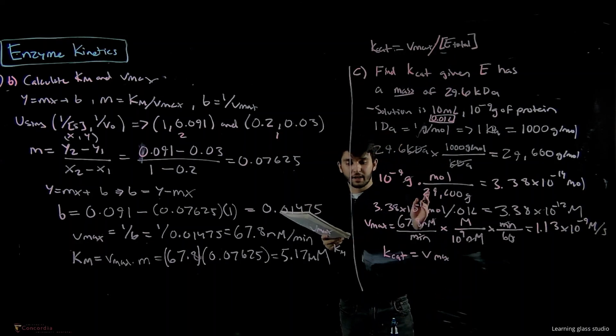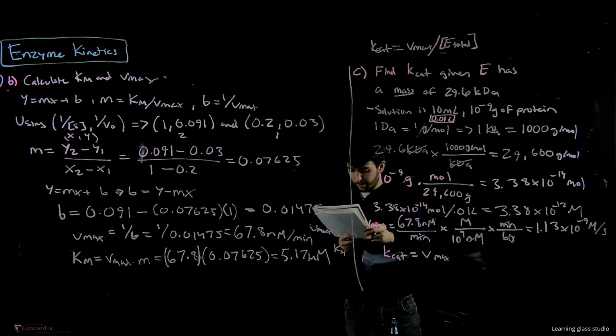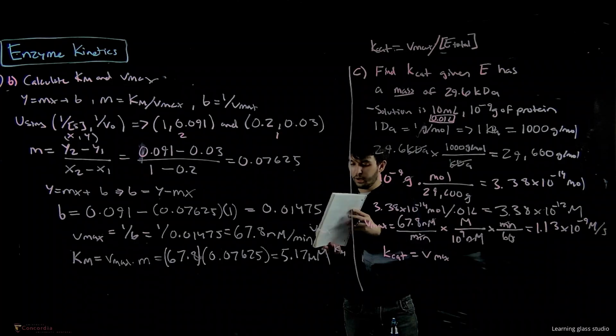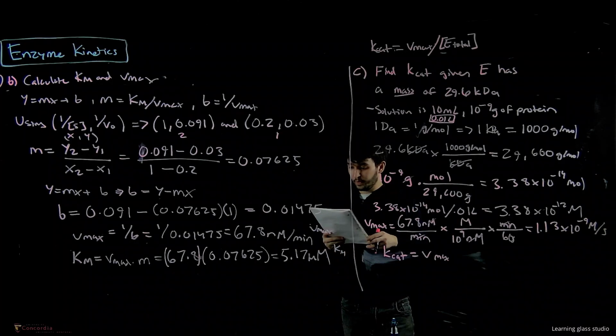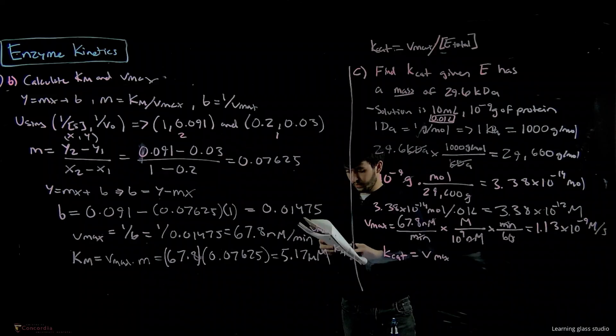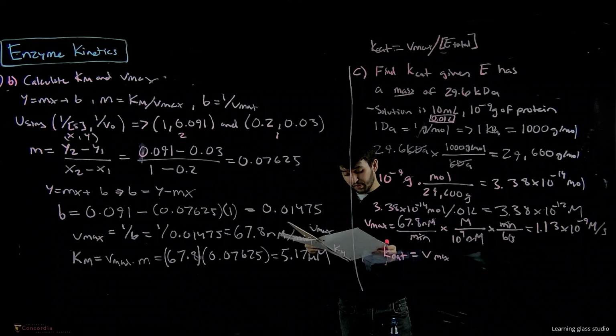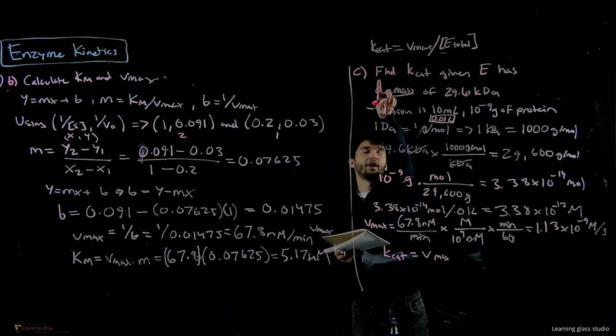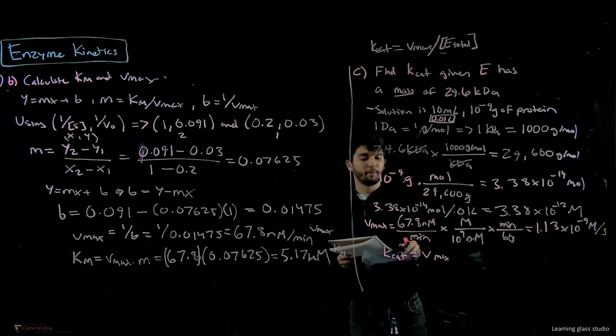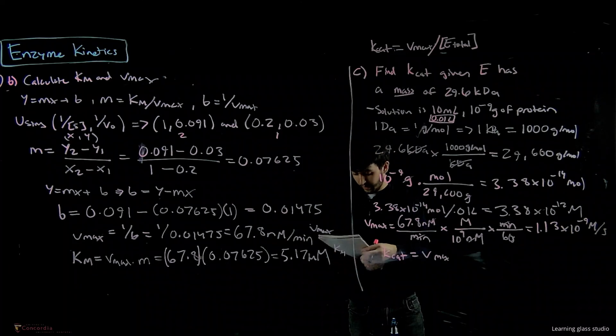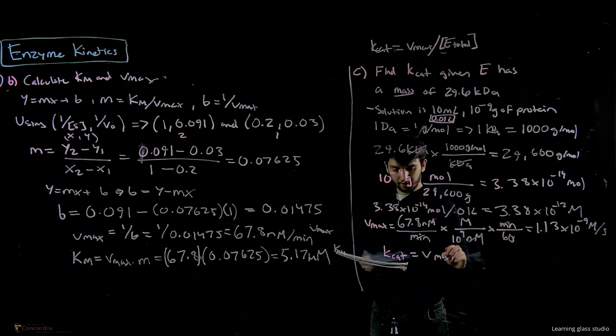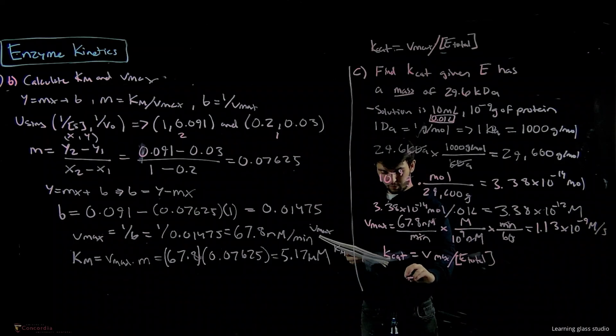Remember the equation from a bit ago is Vmax equals kcat times E total. So in order to isolate for kcat, we get Vmax divided by E total. Sorry about that.